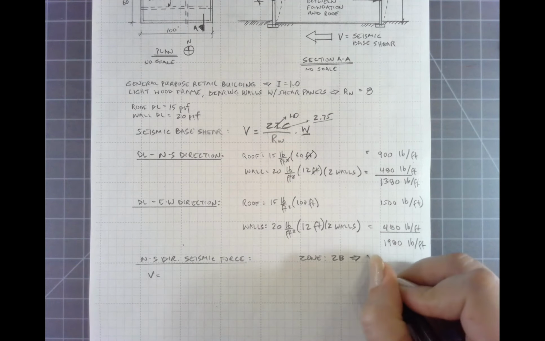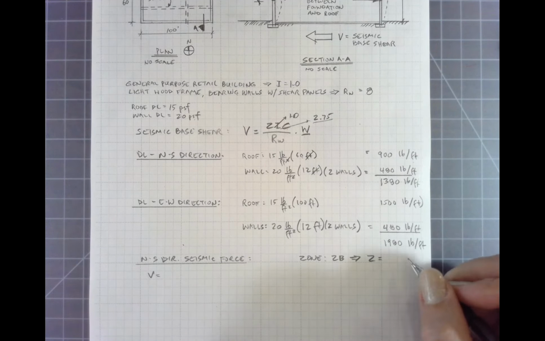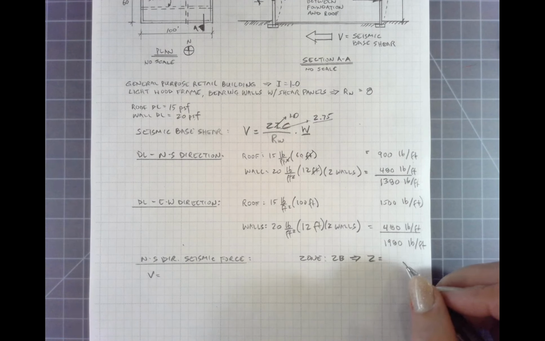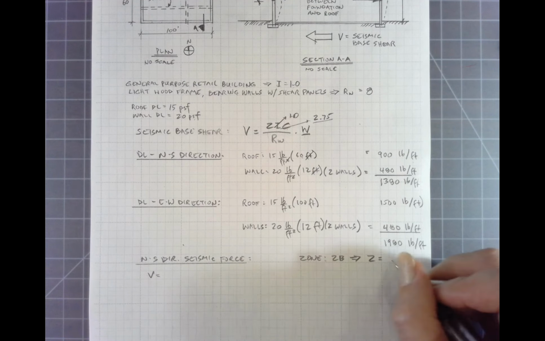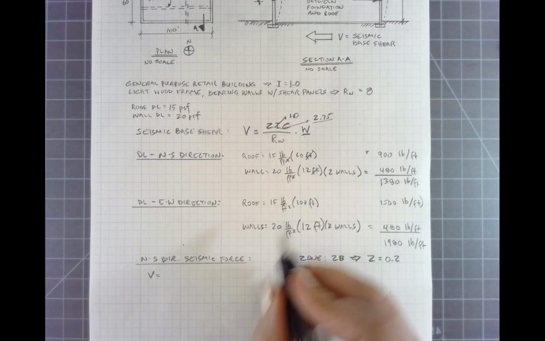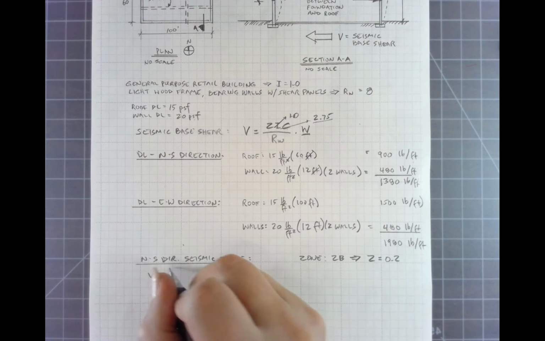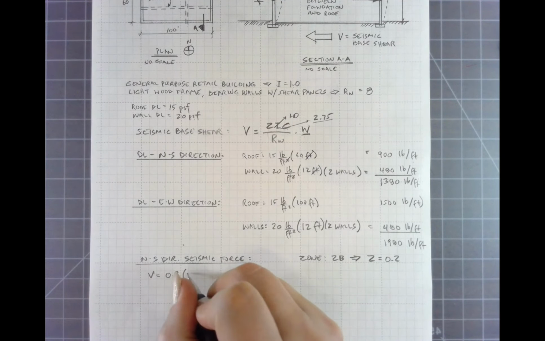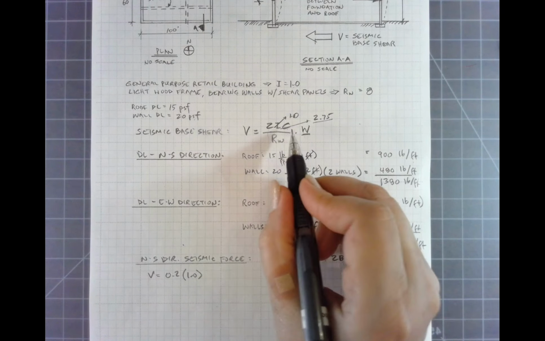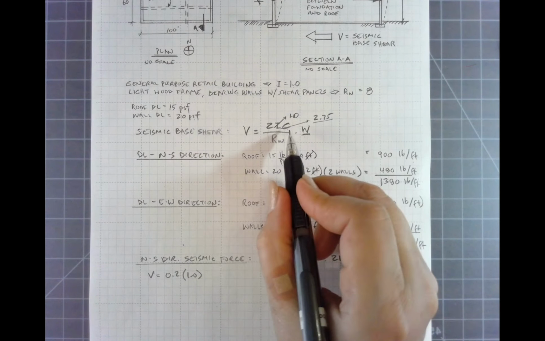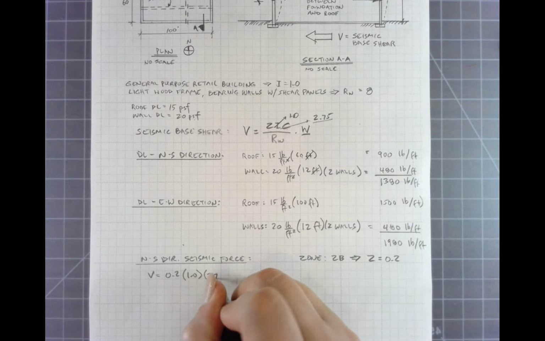That means our Z factor, once again, is 0.2. So that's our first term: 0.2 times 1.0 for the importance factor, 2.75 for the C factor.